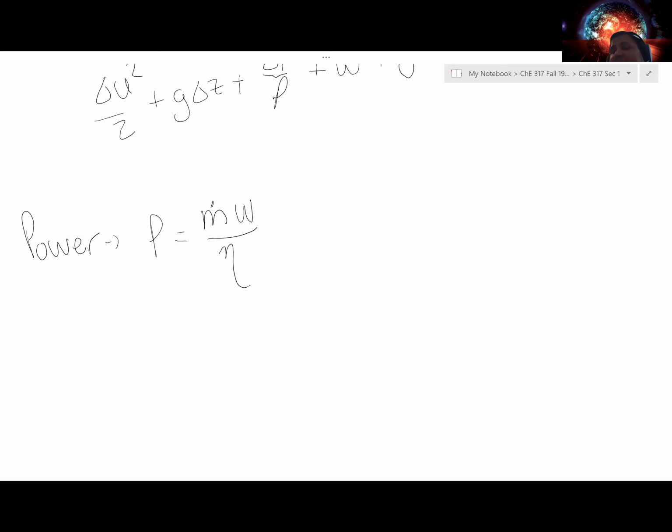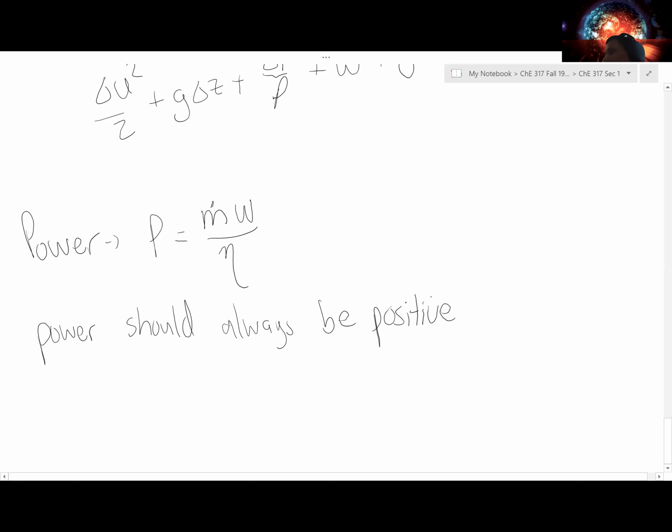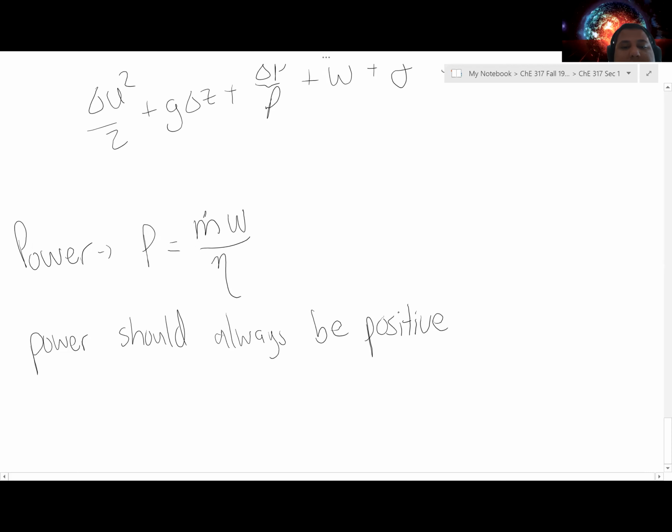Now, keep in mind, power should always be positive. So even though you'll find a work term that's negative, get rid of the sign when you calculate your power, because it's just not going to make sense.